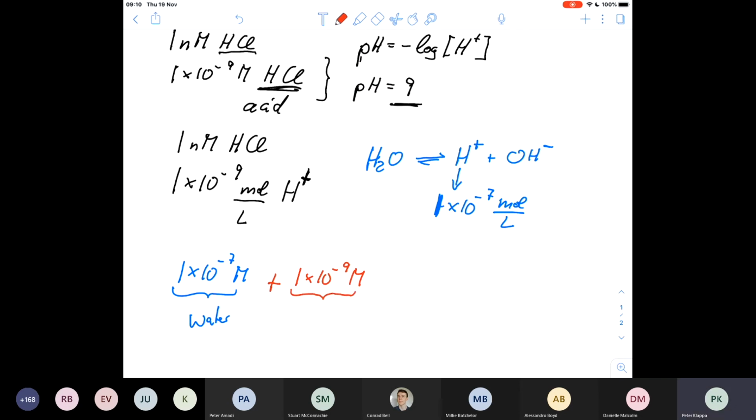These are the protons from the 1 nanomolar hydrochloric acid. Does that make sense? Because the concentration of protons in pure water is always 1 times 10 to the minus 7.